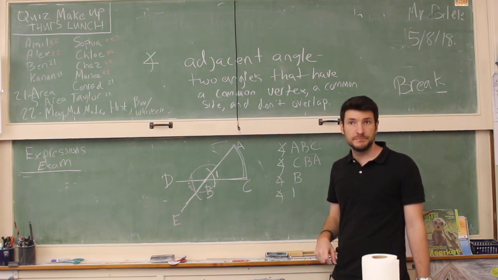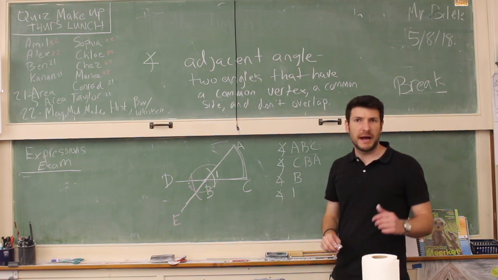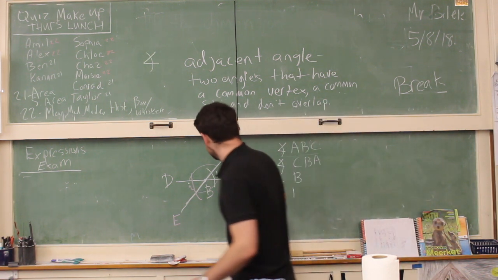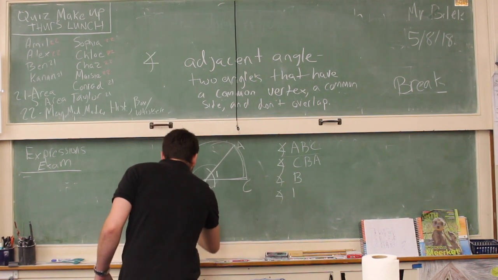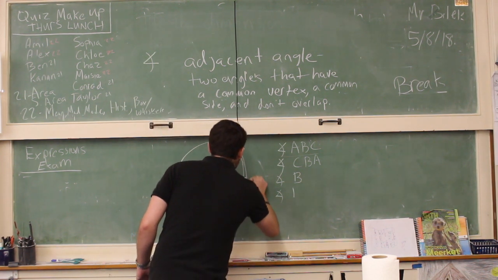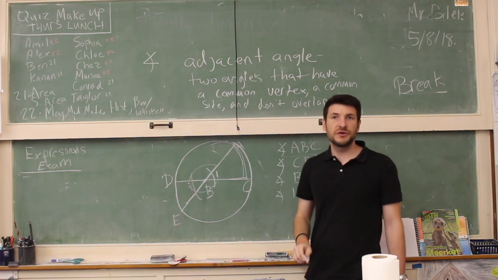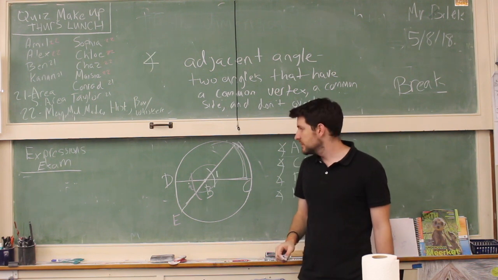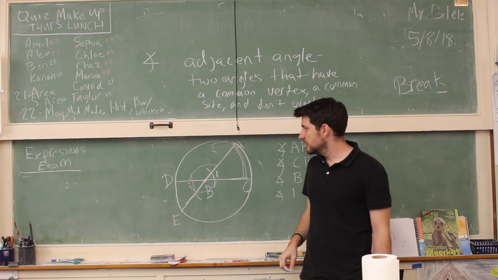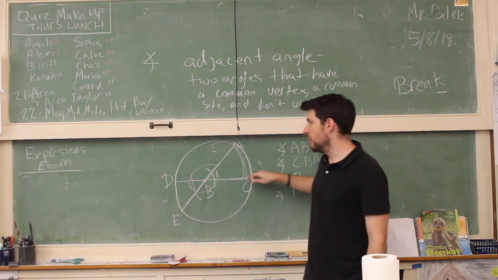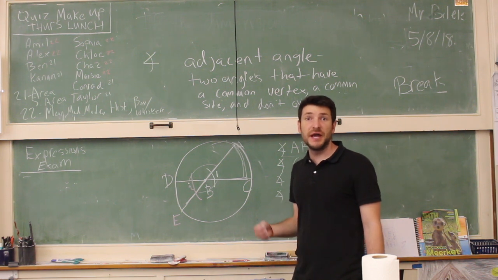Now, let's put our globe back. If a circle is 360 degrees, that means that this straight angle, as we learned before, that splits it in half, is 180 degrees.